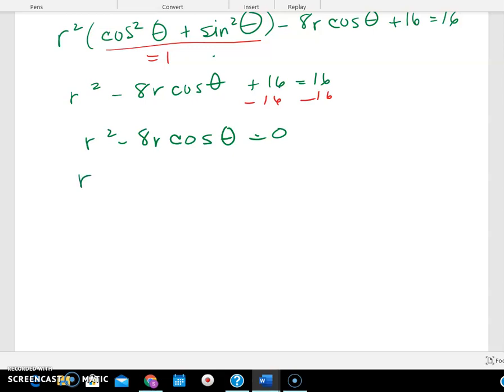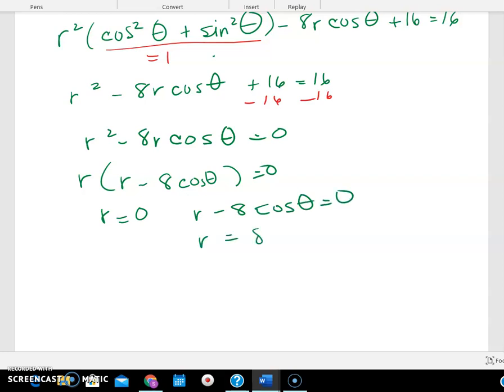So I have two terms here. I'm going to factor out an r, and that gives me r times (r minus 8 cosine theta) equals 0, and then set each factor equal to 0. So r equals 0 and r minus 8 cosine theta equals 0.